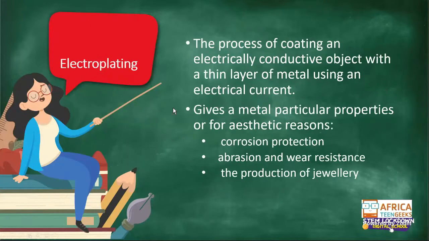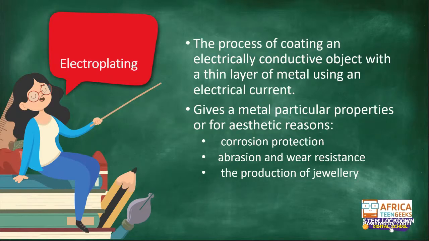So the first thing is electroplating. Electroplating is basically a process by which you put a current through a liquid that is made up of some form of a metal, and then that metal will go and form a thin layer on top of another metal or another object.